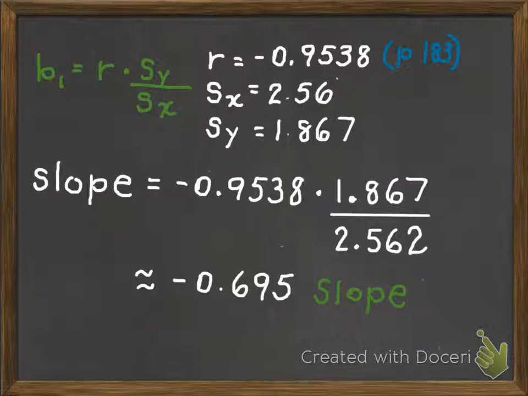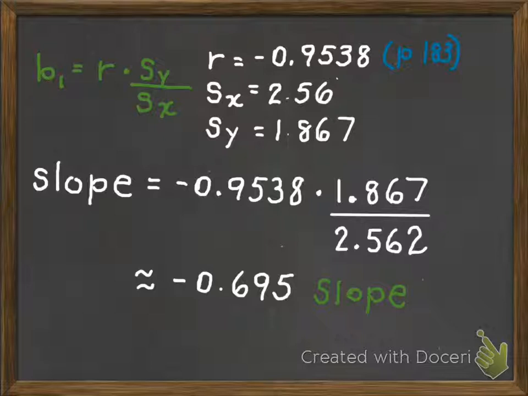The standard deviation of the x values given in the table of the first slide is 2.56. The standard deviation of the y values is 1.867. So I used the data given in the question to find the R correlation, the standard deviation of the x values, and the standard deviation of the y values using technology.